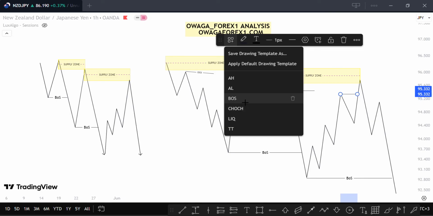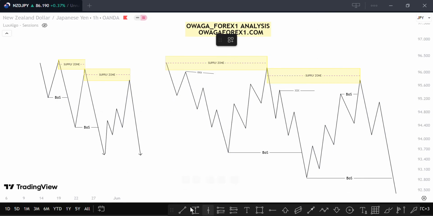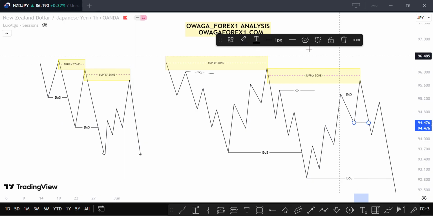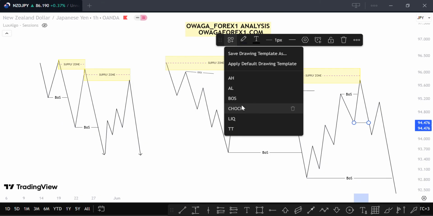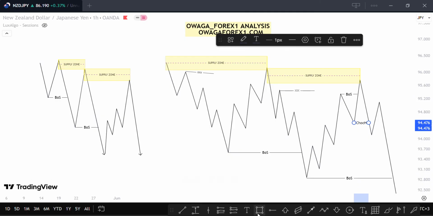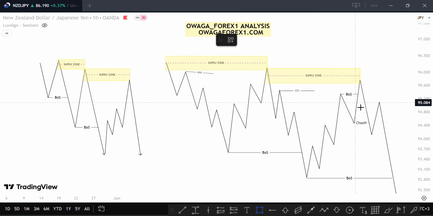And again, we had an internal change of character, which suggests that the price is ready to continue with the trend. Then we see price coming to either an order block or FVG at this zone, and once price touches the order block or the FVG, we see trend continuation. So this is a very simple model that you can use to make a lot of money when it comes to the forex market.